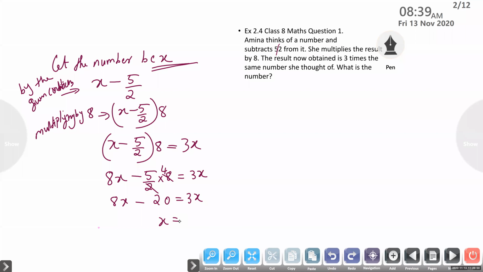Ma'am, x equal to 4. Ma'am, there we multiply x by 8? Yes, we have to multiply 8x minus 8 into 5 by 2. So we should multiply x by 8 and 5 by 2.